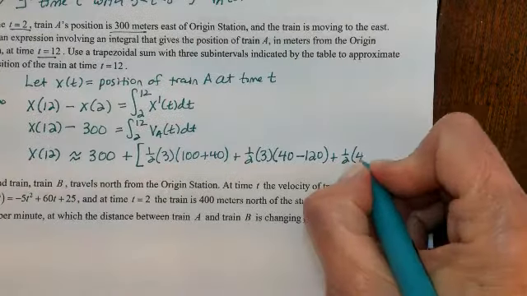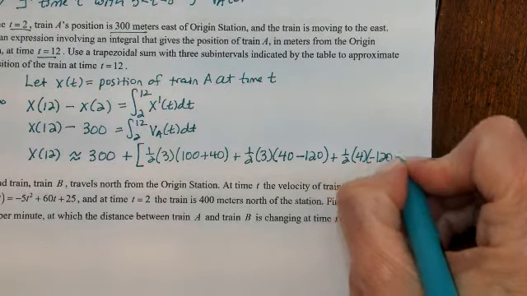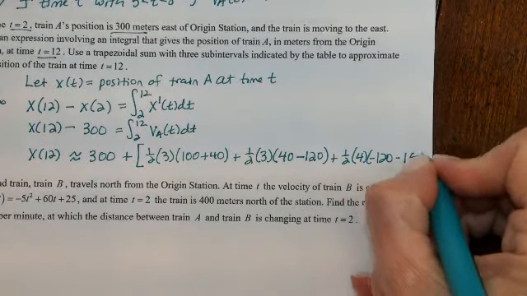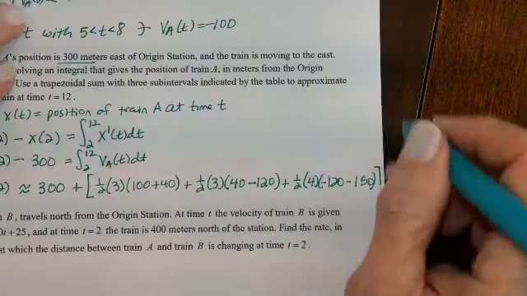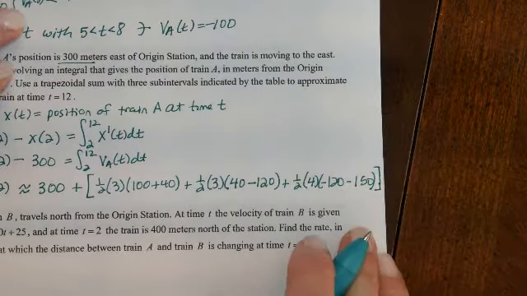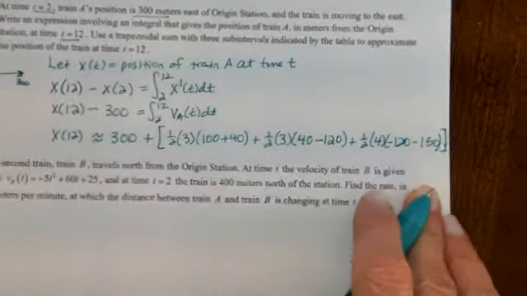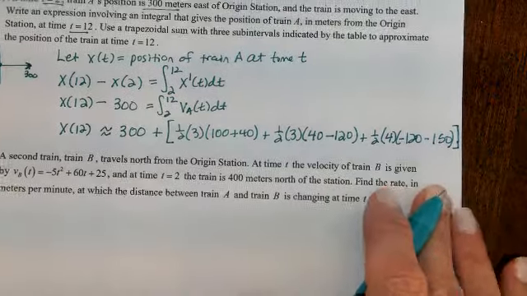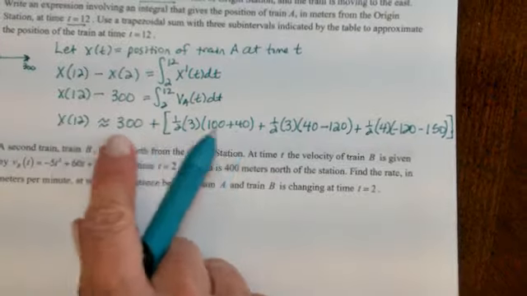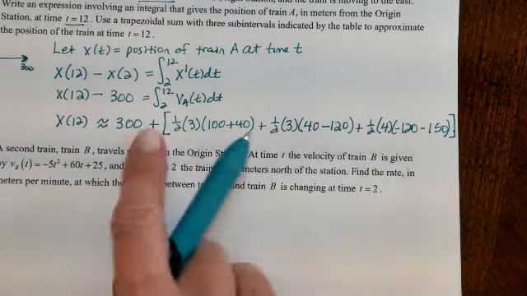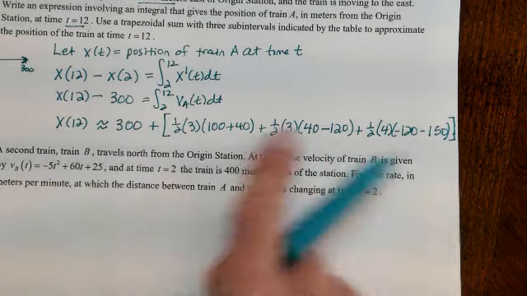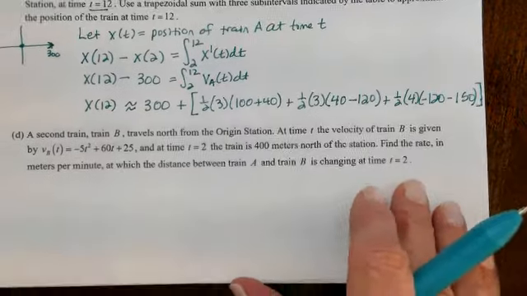So 4, negative 120, negative 150. I'm going to close my bracket here, get it all in here, like that. Okay. And that is the approximation for the train's distance at time 12. And I'm not gonna figure it out. I'm not gonna add that together. I'm just gonna leave it right like that.